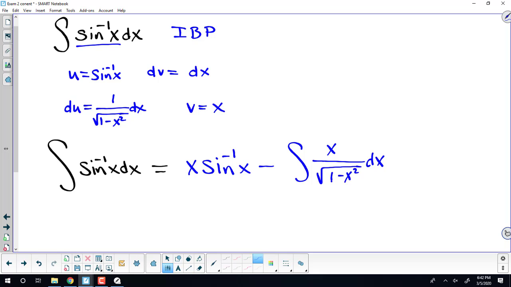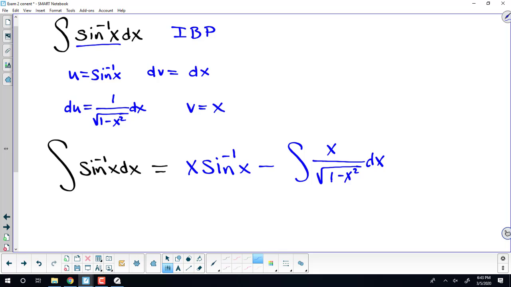The integral of v du should be easier or comparable to the original. It's kind of hard to compare the two, right? Can we find the antiderivative of x over the square root of 1 minus x squared? How would we do that? You could try a trig substitution or a u substitution.